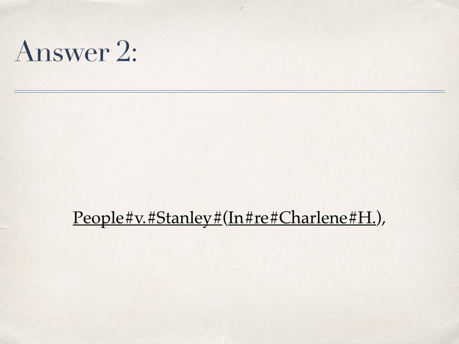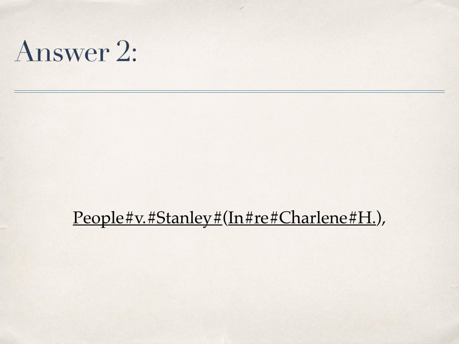I know that I need to begin with the adversarial name. I can also see that this is one of those cases that involves a common party, like the people of the state of. Since this is a state case in the state court, I can drop the geographic prepositional phrase and cut this first party's name down to people. The other party is simply a private person, so I use just the last name, Stanley.